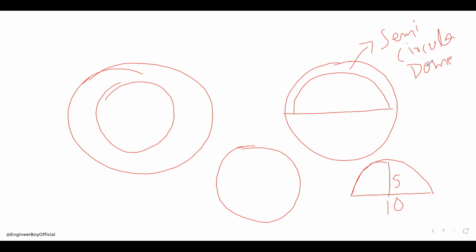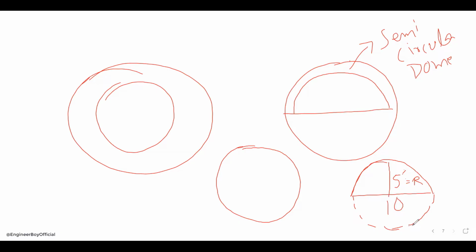How can I confirm if it's semicircular or segmental? As you can see, this is 5 units, which is half of the diameter, so this can be the radius. It means this is semicircular.